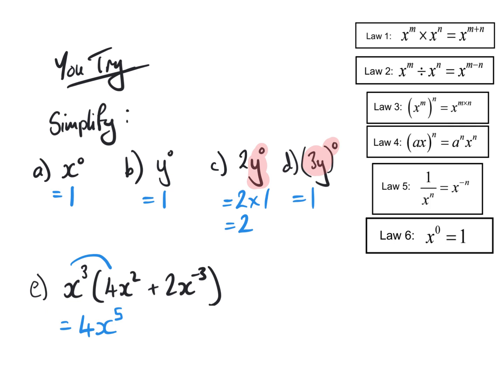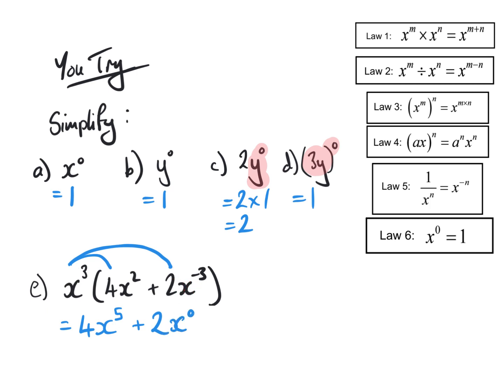We then go on to multiply the second part, so it's x cubed times 2x to the negative 3. Again, I've got a 1 hidden in front of this, times the 2, that's going to be positive 2. Then I'm going to add the index numbers when I multiply the x cubed and the x to the negative 3. So 3 plus negative 3 is 0, so that's x to the 0.